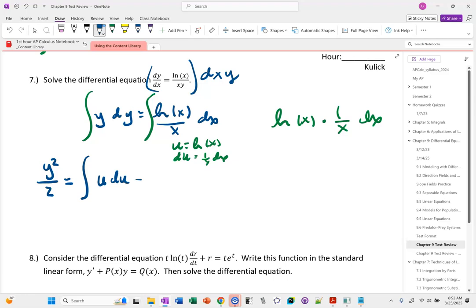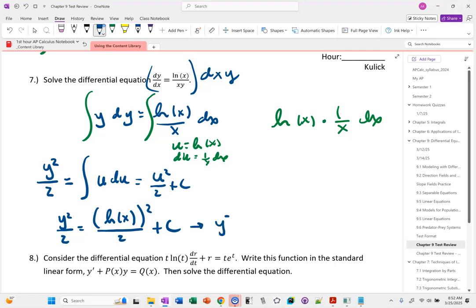So the integral of that is just going to be u squared over 2 plus c, or if I multiply both sides through by 2.